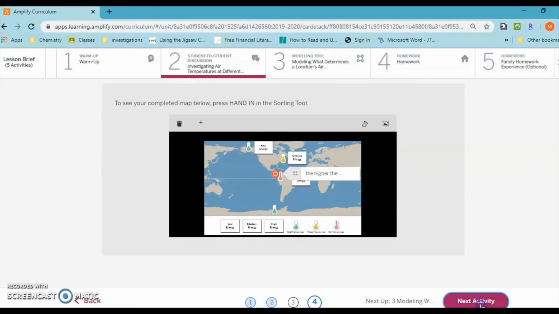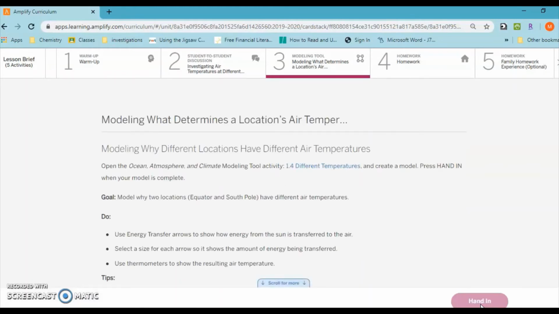Let's move on to number 3, which is our modeling tool. We are going to be modeling why different locations have different air temperatures. We just learned in our exploration that different locations are getting different amounts of energy from the sun. The distance traveled is less, so at the equator, all of the energy is focused in one small area.